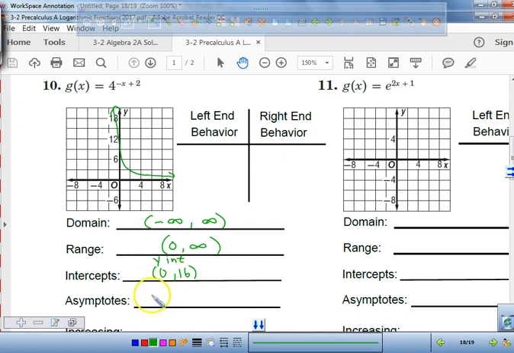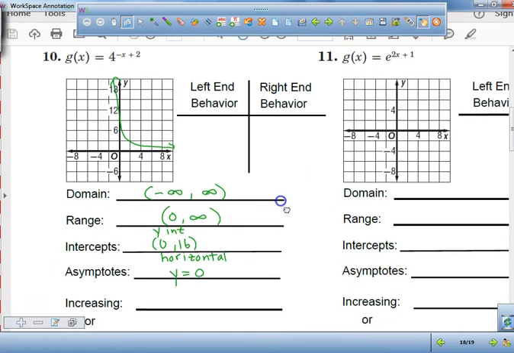There are no vertical asymptotes, but there is a horizontal asymptote. There's a horizontal asymptote at y equals 0. It's never crossing over the x-axis. So that's your horizontal asymptote.